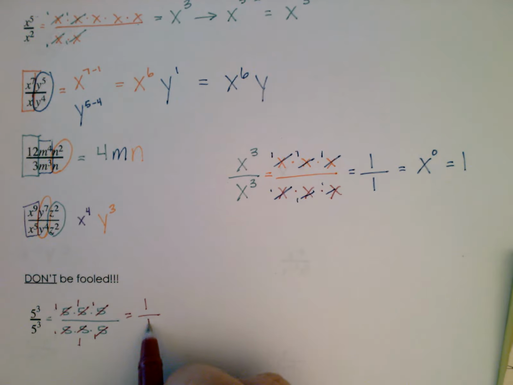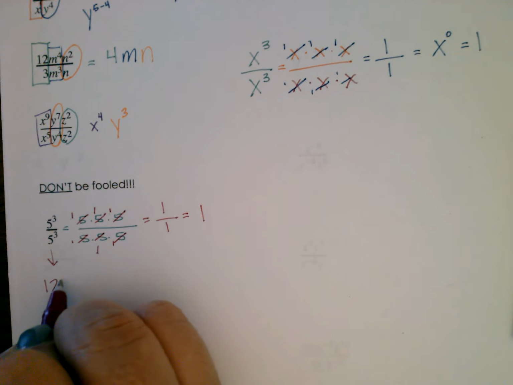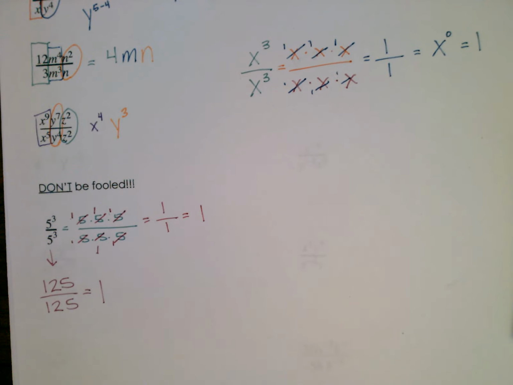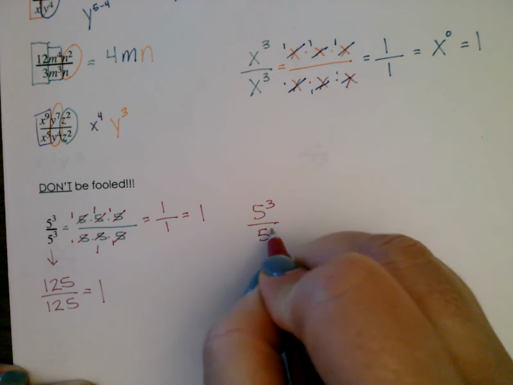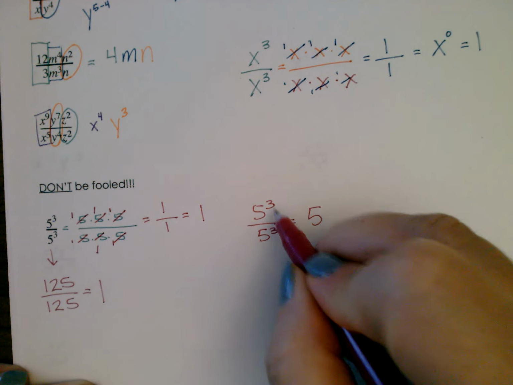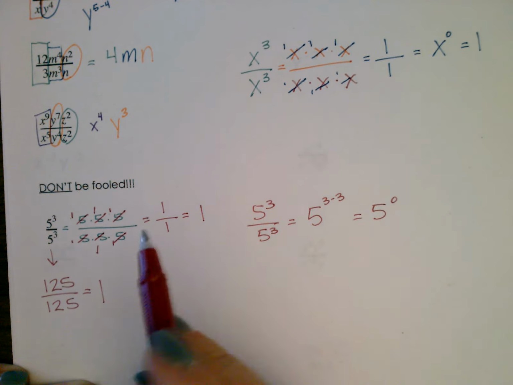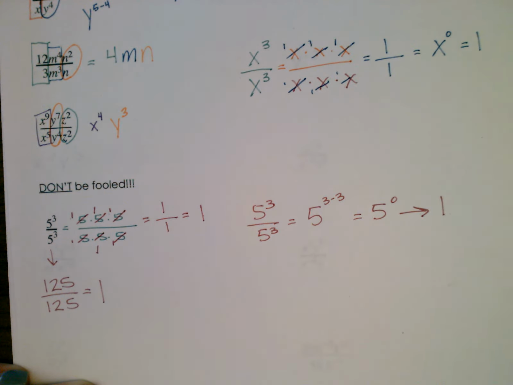So again, 1 times 1 times 1 is 1. So I would get 1. 5 cubed equals 125, so I could simplify it: 125 over 125 equals 1. If I did it using exponents, remember it is 3 minus 3. I get 5 to the 0 power, but we just proved that to the 0 power equals 1.